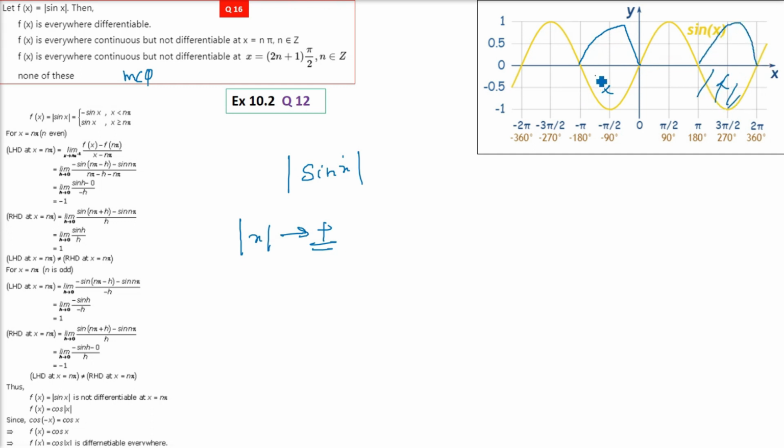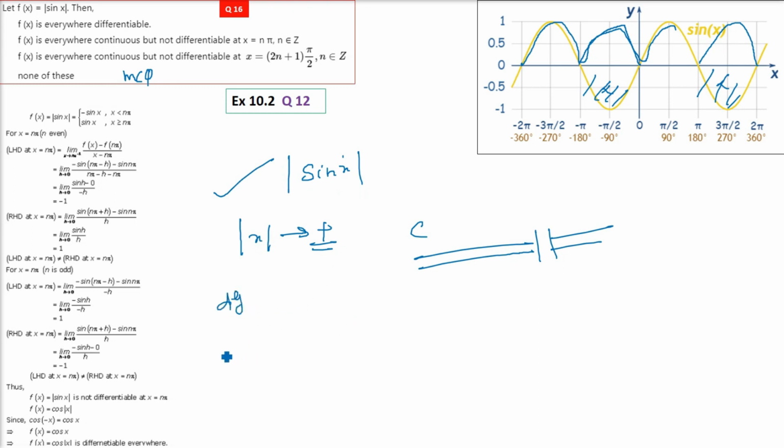This part will be eliminated. When you check the continuity, you know that there is no breakage. If you can draw something without lifting your hand from the paper with the pen, it is continuous. So modulus sin x is already continuous, which you see here.